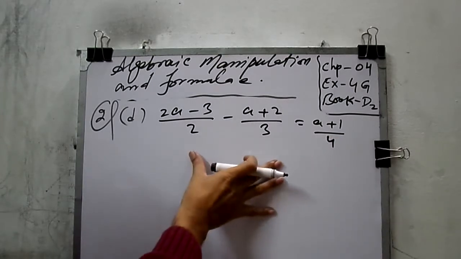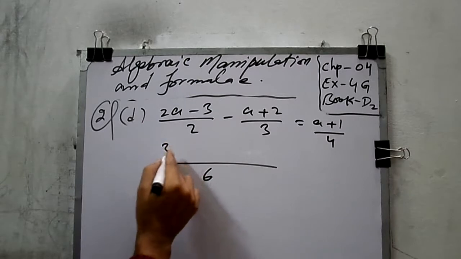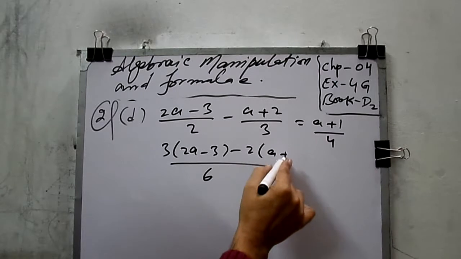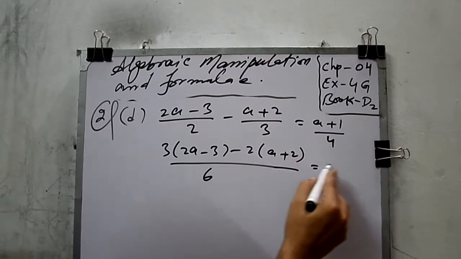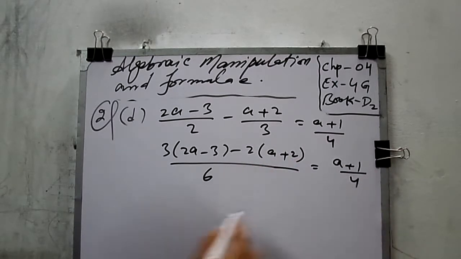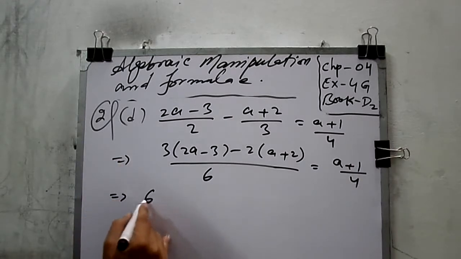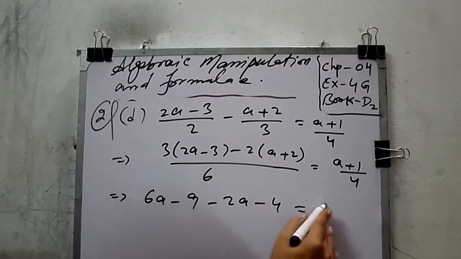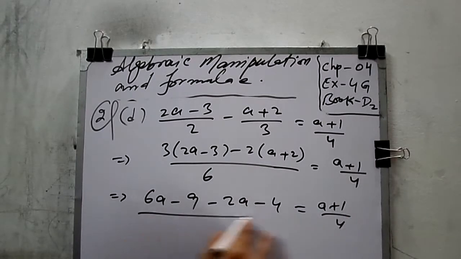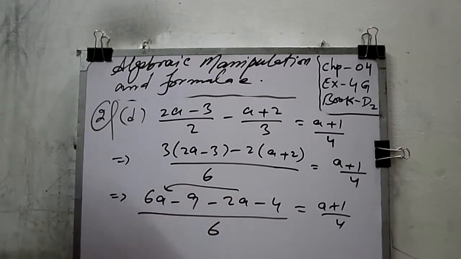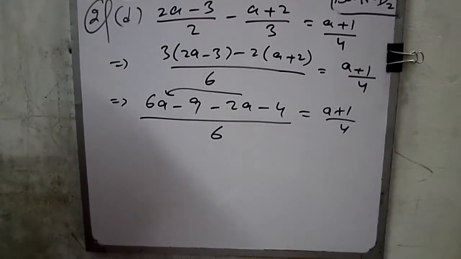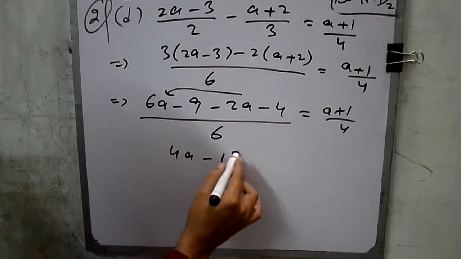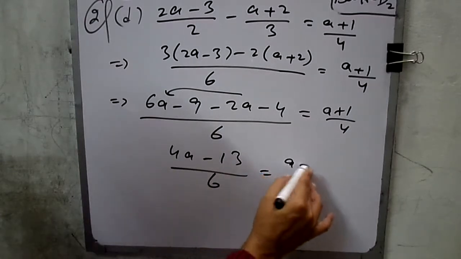So taking LCM, so similar terms will be added. 6 minus 2, 4a minus 13 divided by 6 is equal to a plus 1 by 4.